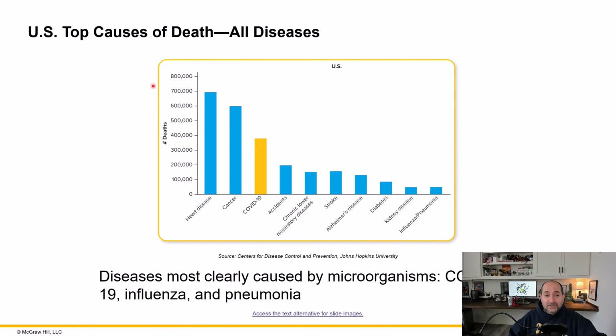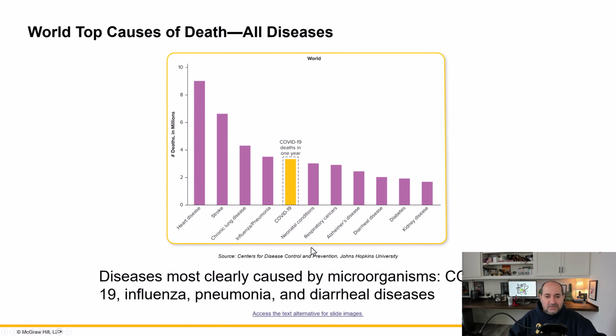For instance, if we look at the top causes of death by all diseases in the US, some of them are caused by microorganisms or infectious agents. For instance, COVID-19, which is a viral communicable disease. Communicable means spread from person to person. Also influenza or pneumonia, another one that cracked into the top causes of disease.